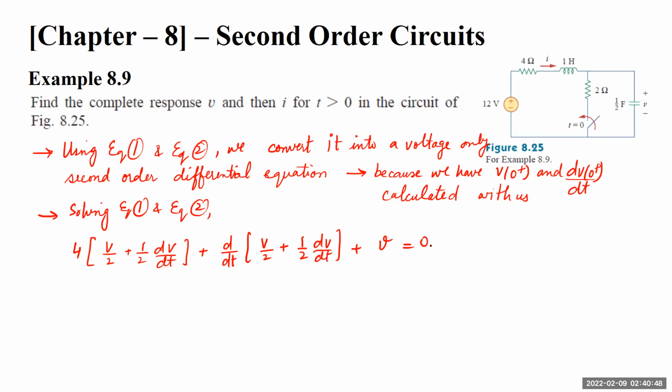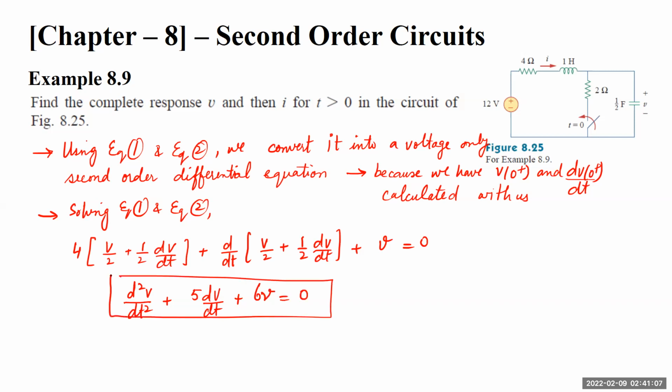If we simplify this equation, what we get is d squared V by dt squared plus 5 times dV by dt plus 6V equals to 0.